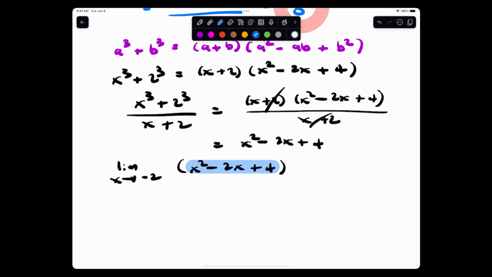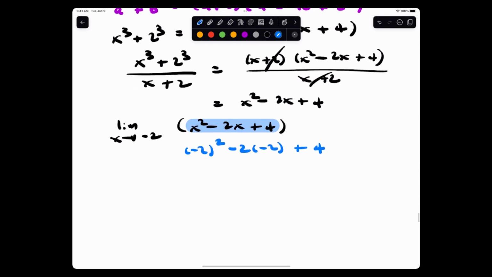It is quadratic, but it's a polynomial in general, and polynomials are the most beautiful functions we can work with. By direct sub, we are now able to get 4 plus 4 plus 4. Let me make sure I do my arithmetic okay. Isn't this 12?